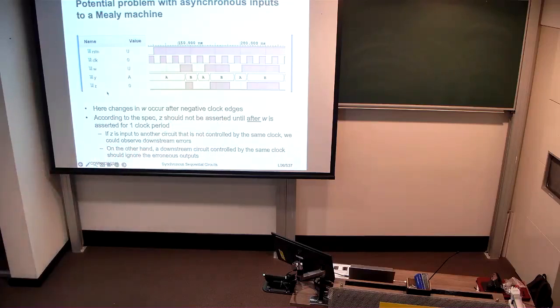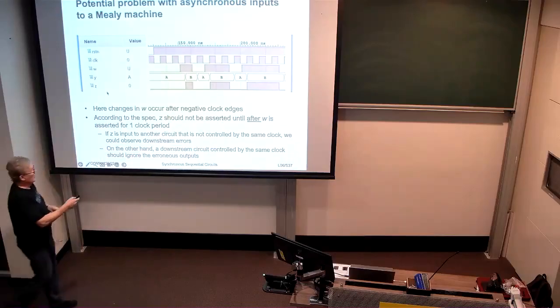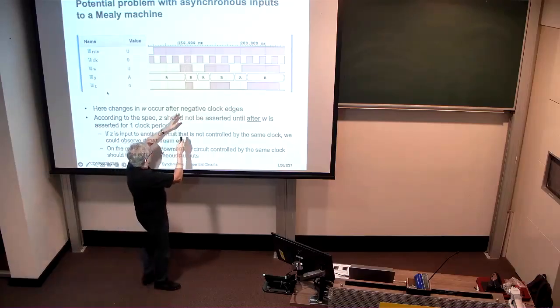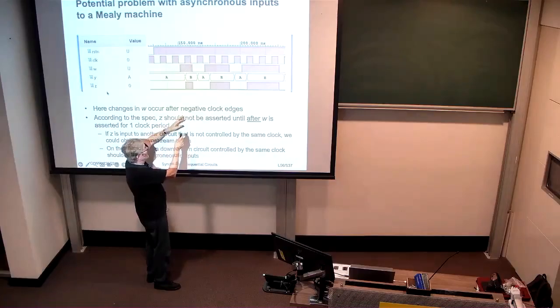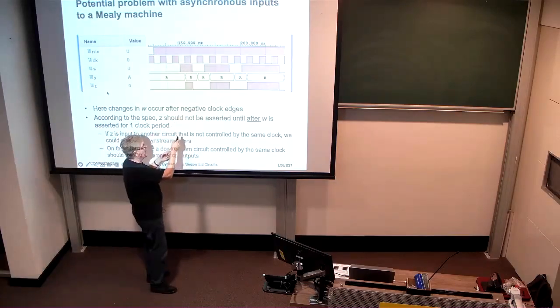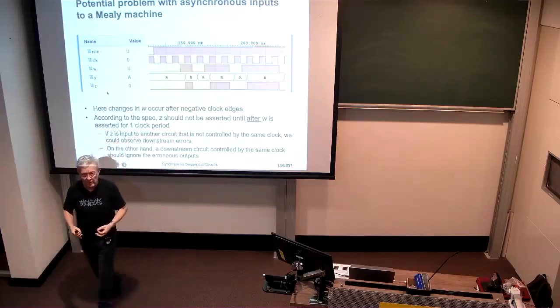Is it critical as far as the downstream circuit is concerned? Well, there's no actual rising clock edge here. So we get the rising clock edge, and it's only after the rising clock edge that the machine enters state B, and therefore only after the rising clock edge that the output Z goes to 1.